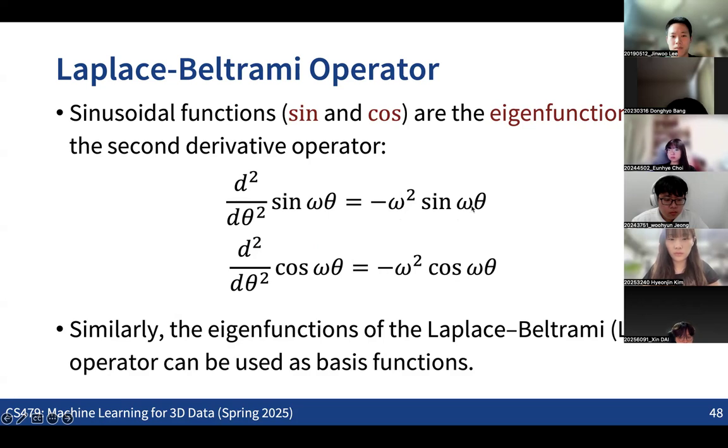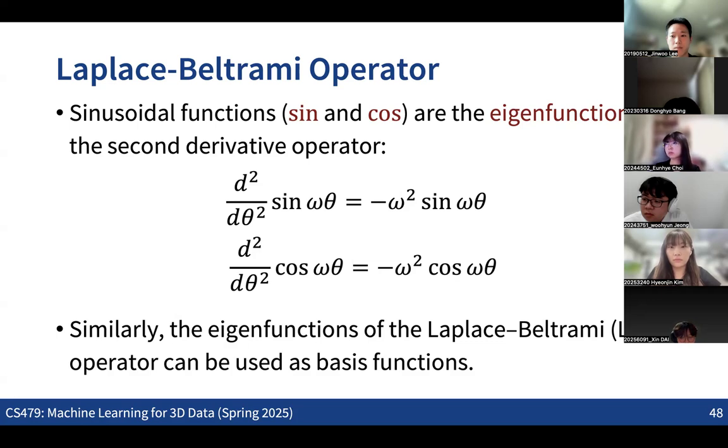That is the definition of eigenfunctions. So for any domain, any space, if we can define a second derivative operator, basically the Laplacian operator, and if we can find the eigenfunctions of that Laplacian operator, we can use them as the basis functions for the Fourier transform. So that's the basic idea.